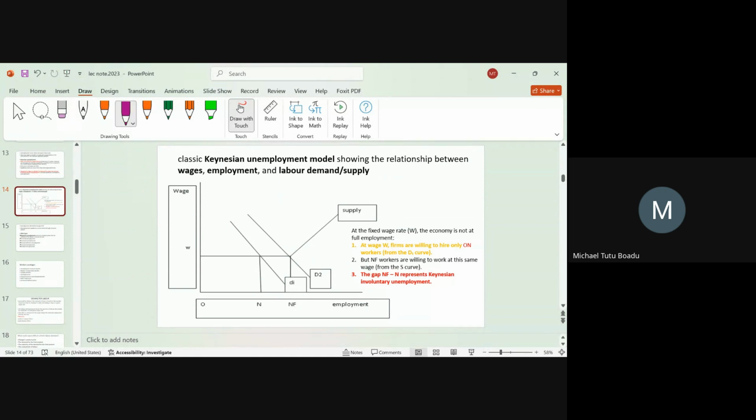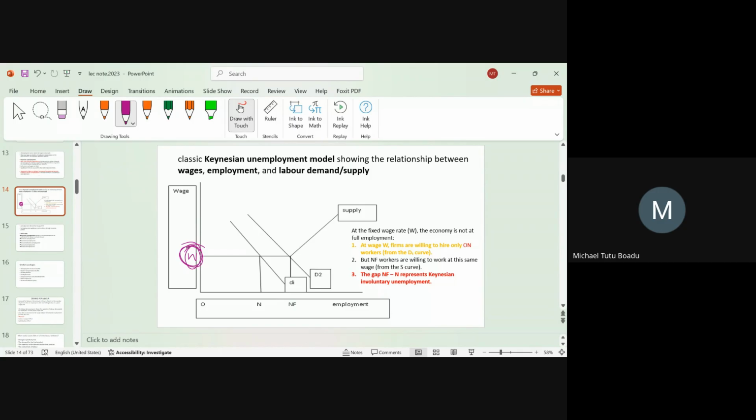If we assume that the wage rate is fixed at W, then the economy is never going to be at full employment. Anytime you fix the wage rate at W, it is going to affect the level of employment.